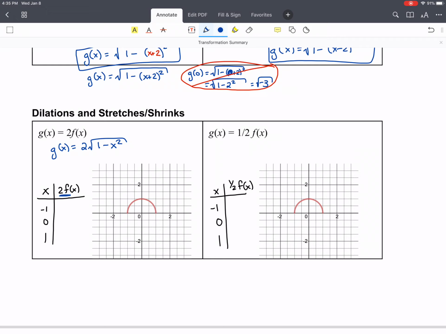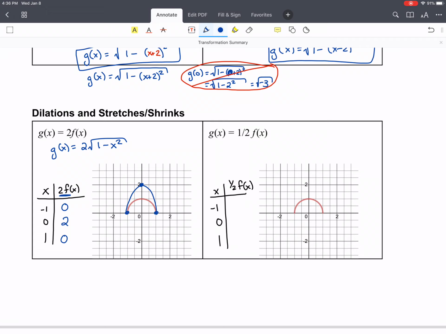And so when I inputted -1 before I got 0, 2 times 0 is still 0, so I'll still get 0. When I inputted 0 before I got 1, but 2 times 1 is now 2, so now my output is 2. And then when I input 1, I get 0, 2 times 0 is still 0, so I still get 0. And notice I get this stretch.